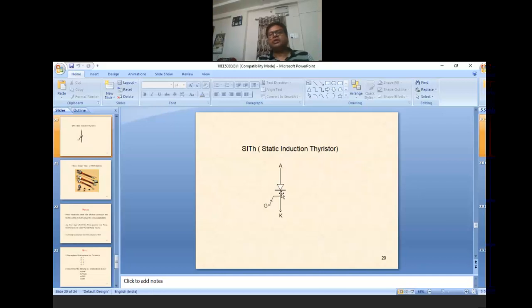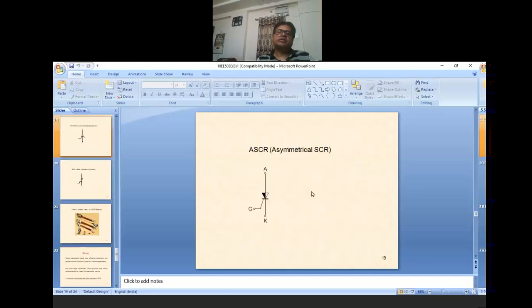It is again similar to the conventional thyristor, but with the static induction effects by the nearby inductive devices. The induced voltage may turn it off. And these are the types of devices.